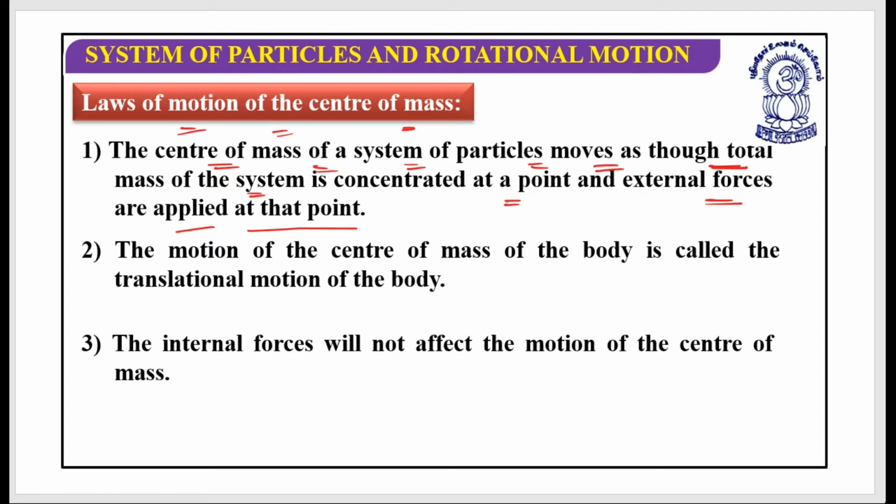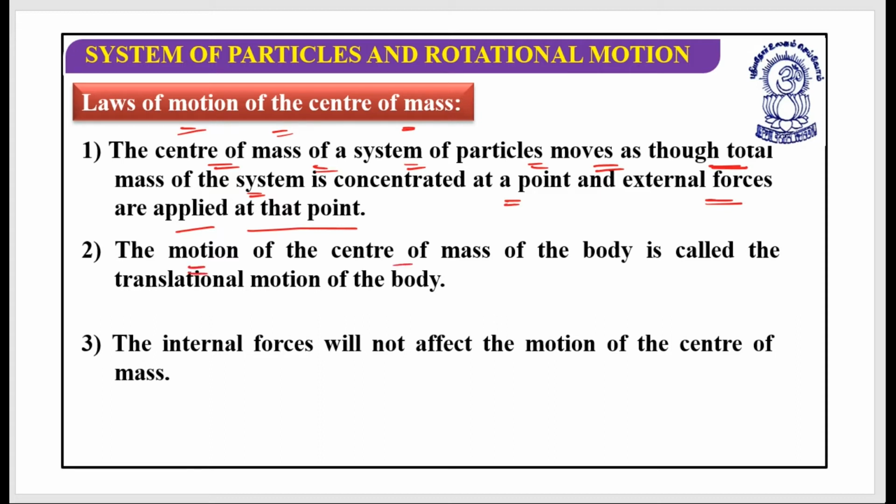And when we replace the total body by a single particle, we assume that the total amount of force is acting on this point only, and this point is going to move such as the total body is moving. So that point will be the center of mass of the system.